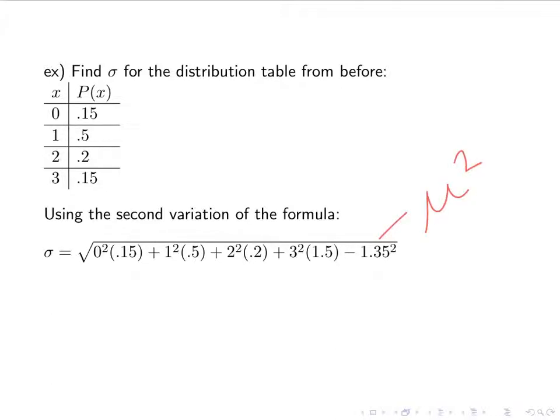So mu was 1.35, so we subtract 1.35 squared. If I do that, I get the square root of 0.8275, which is roughly 0.9097. So this is all calculator work or Excel work. You can plug that into Excel too.